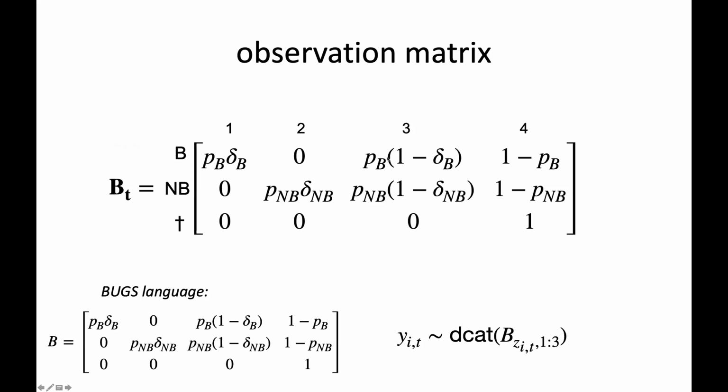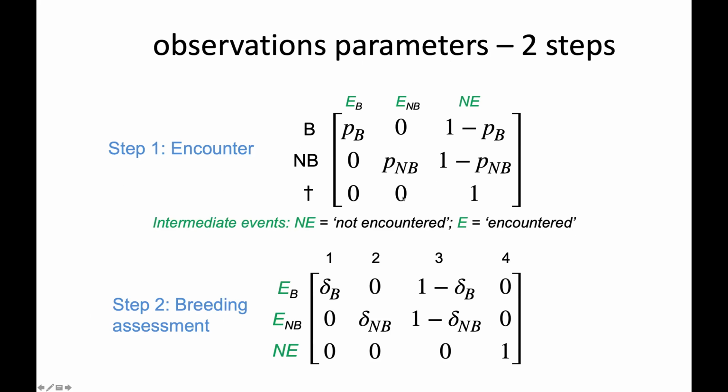So I split this matrix into a matrix product with two terms. The first term is for the encounter process, the fact that you really capture or detect the individuals. The other step is, in that particular case, the breeding assessment: the fact that once you're detected, you will be assigned to a state, breeder or non-breeder.